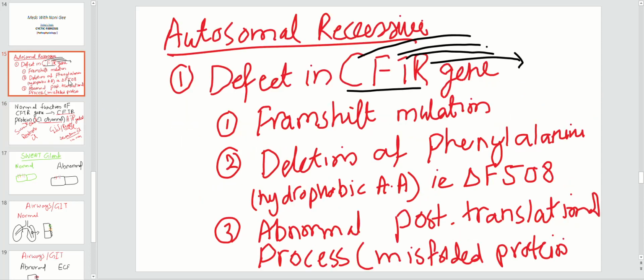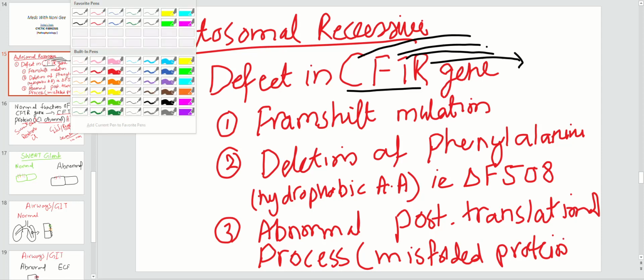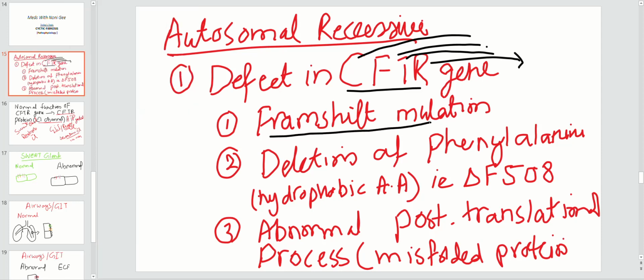So now what is happening in cystic fibrosis? I told you about the normal function. Now, when you have a defect in the CFTR gene, the protein will not be normally synthesized. You need to know what the defects are. Number one, you have a frame shift mutation.